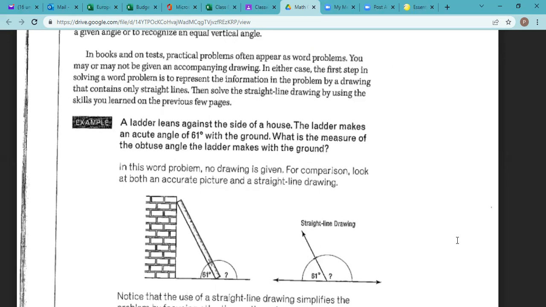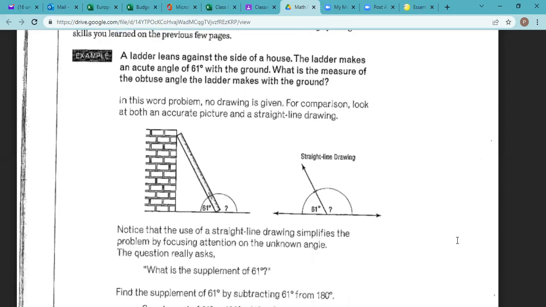Then solve the straight line drawing by using the skills that you've learned. Okay, so this is nice because we have a drawing here, right? If I just look right now at this drawing, I have a brick, what looks to be like part of a brick building.